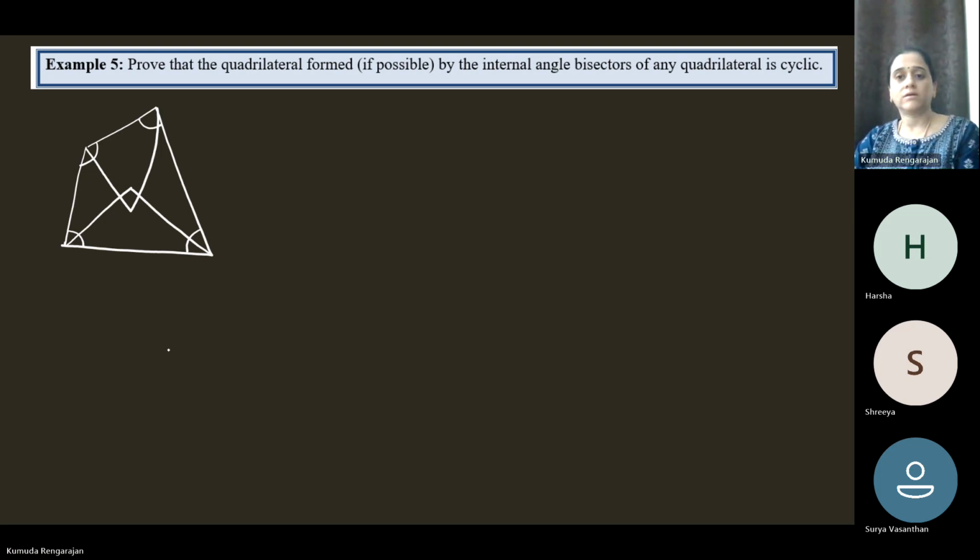So you need to prove that this quadrilateral, made by the bisectors of the interior angles of this quadrilateral, is cyclic.